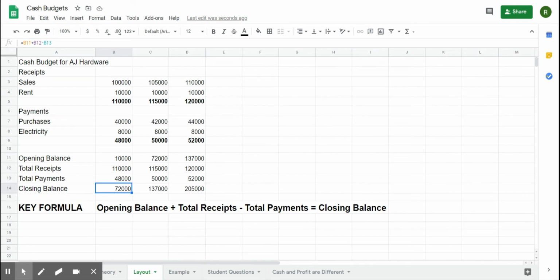So at the end of month 1, this business was expecting to have 72,000 in cash. And then basically you just carry on using the closing balance from the first month to become the opening balance for the second month, and then the formulas just work all the way through.